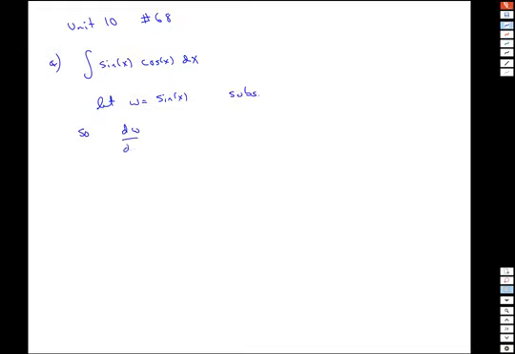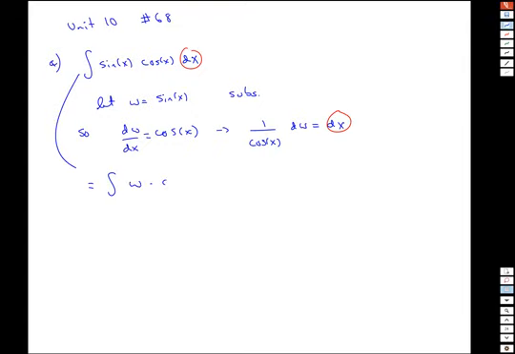So the derivative is cos of x. And if that's the case, we can then reshuffle this and say 1 over cos of x dw is the same as what we have in our equation. There's our dx. So we have the integral of not sine of x anymore. We're calling it w. We do have the cos of x. That was in the equation.